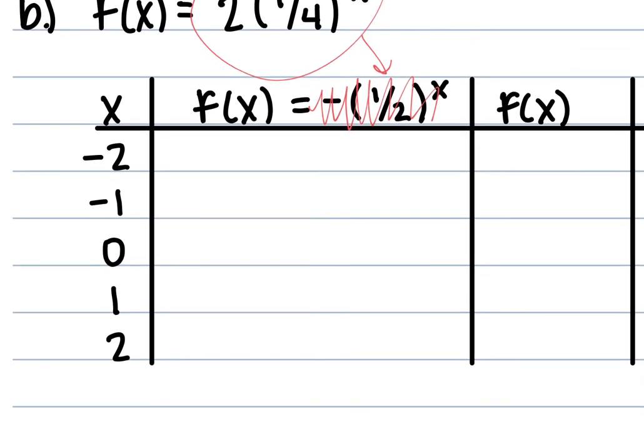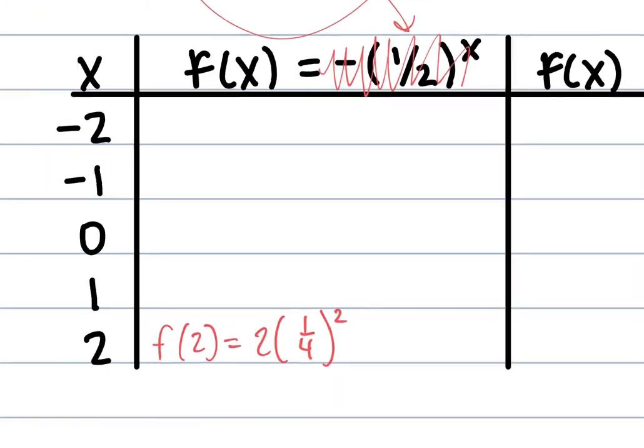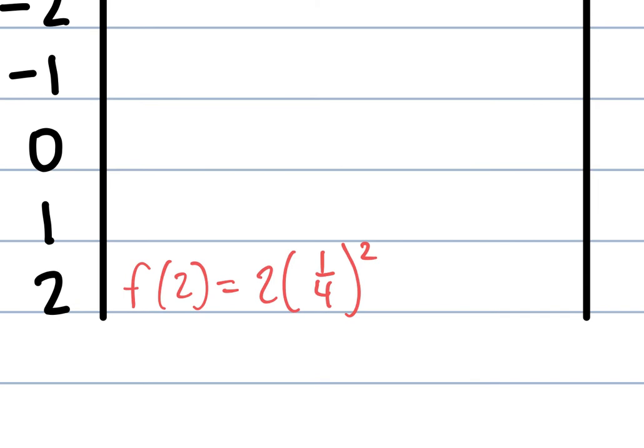And when we're finding the values, most of us are on the right track. You guys wrote f of 2 equals 2 times 1/4 raised to the second power. You guys with me on that? Now, remember guys, when you square something, that's saying that thing times itself, right?